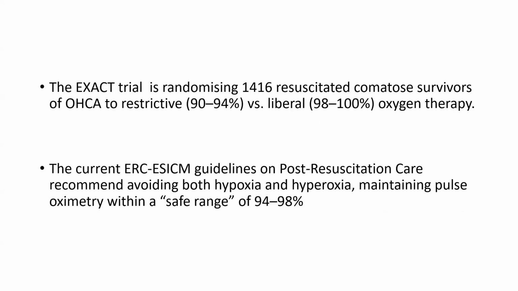The EXACT trial randomized 1,016 resuscitated comatose survivors of out-of-hospital cardiac arrest to restrictive and liberal oxygen therapy. And the current ERC ESICM guideline on post-resuscitation care recommends avoiding both hypoxia and hyperoxia, maintaining pulse oximetry within the safe range of 94 to 98.